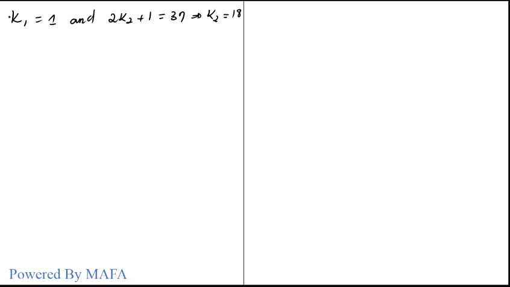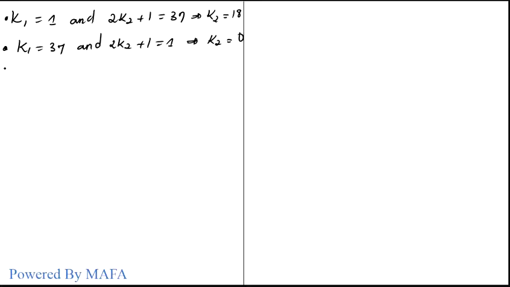Okay, now that's for the first case. Now for the second case we have k1 to be equal to 37 and 2k2 plus 1 to be equal to 1, meaning that k2 is equal to 0. So for sure k1 and k2 are integers, and the result has actually fulfilled the fact that they are integers.